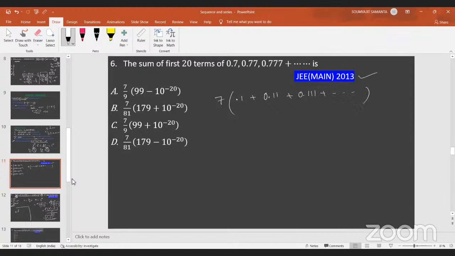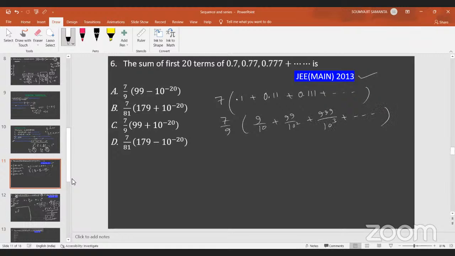And then this will become 7 by 9 times 0.9, that is nothing but 9 by 10 plus 99 by 10 square plus 999 by 10 cube plus and so on.